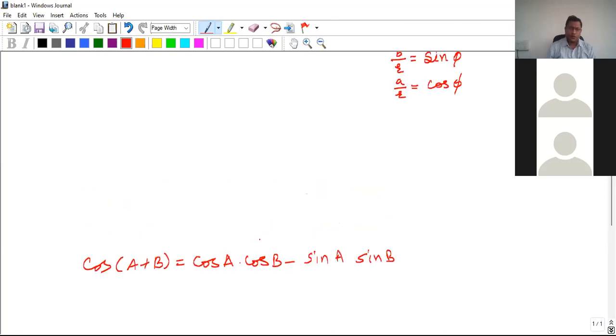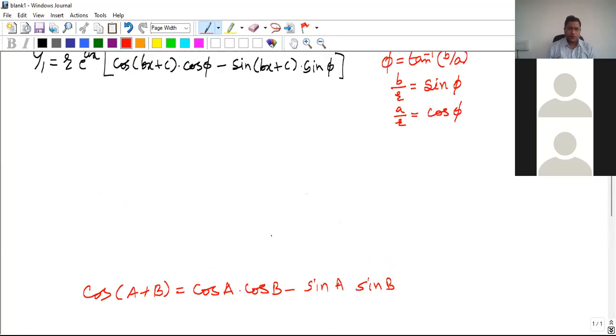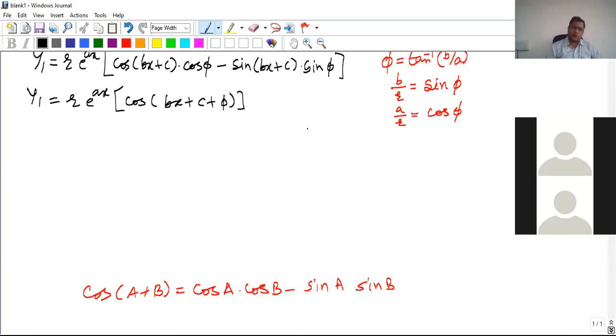Look at the terms we have: cos of bx plus c into cos phi, minus sine of bx plus c into sine phi. So can we write it as r e raised to ax into cos of bx plus c plus phi? Yes, it is going to be cos of bx plus c plus phi.